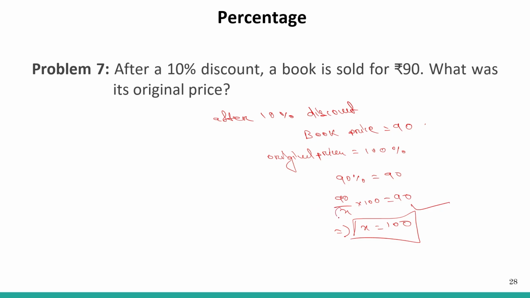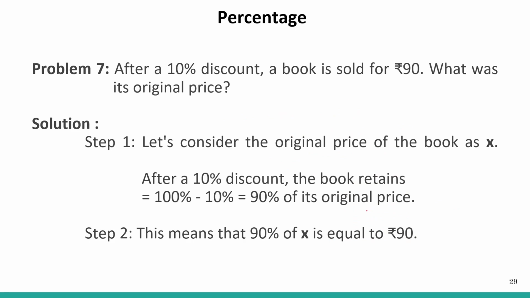If we consider or assume x as the original price, let's see the step-by-step solution. Let's consider the original price of the book as x. Here we have also done the same, and after a 10% discount, the book retains 100% minus 10%, which is equal to 90% of the original price.